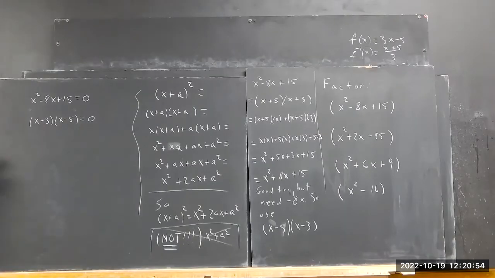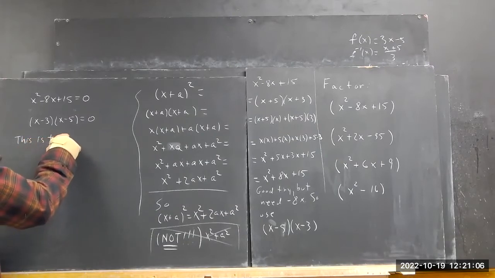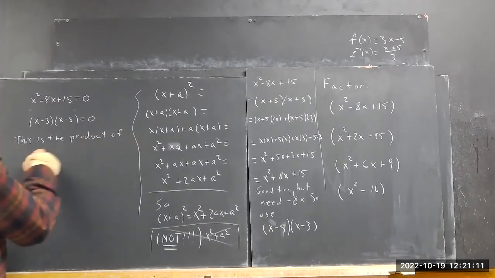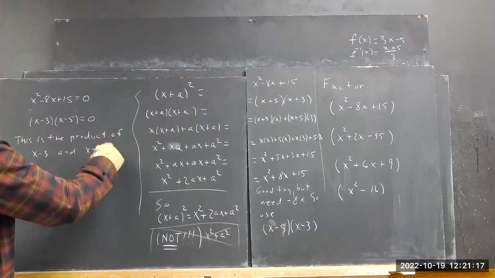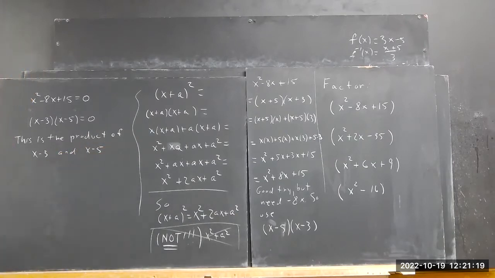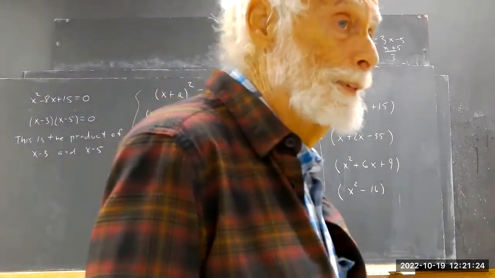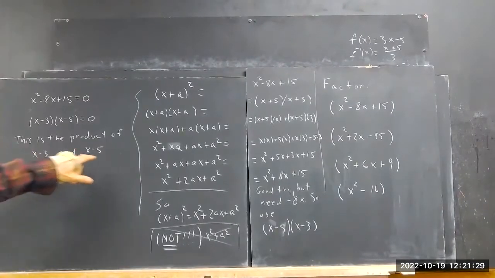I asked what are the two numbers that are being multiplied here, and people want to focus on the x, on the -3 and the -5. The two numbers. Product of x minus 3 and x minus 5, right? So what can you tell me? Oh, this is a number and this is a number.